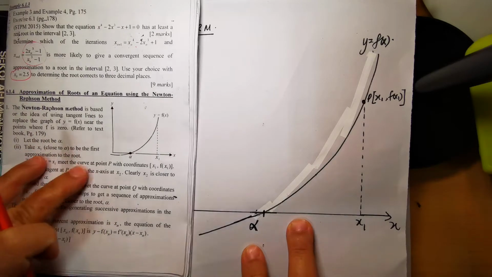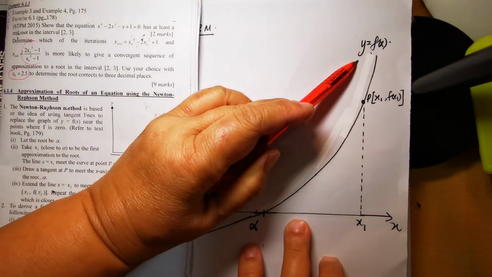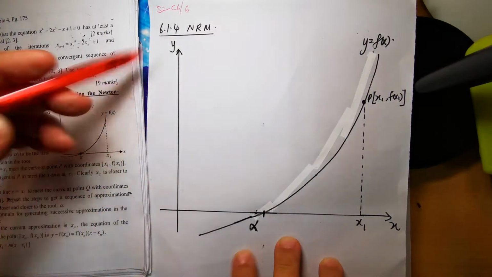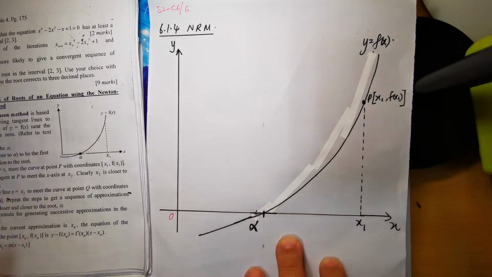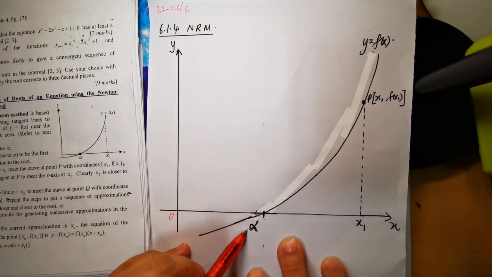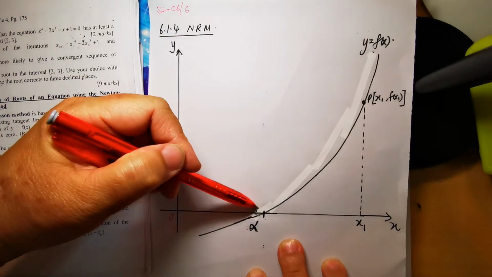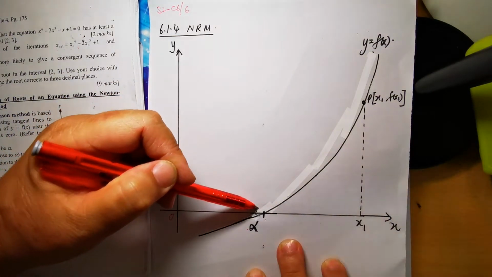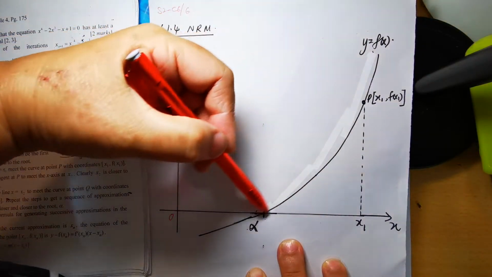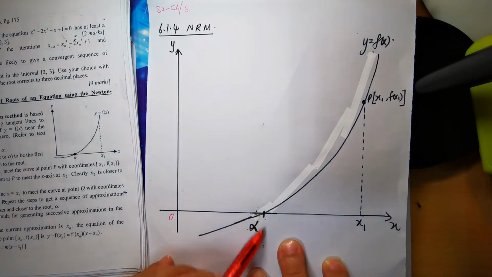So let's say this is a graph y equals f(x), and this is the root alpha. This is the root of the equation f(x) equals 0, where the graph y equals f(x) cuts the x-axis at alpha.